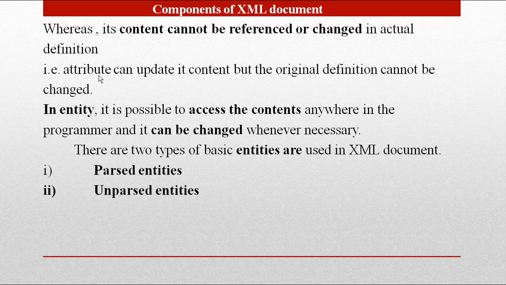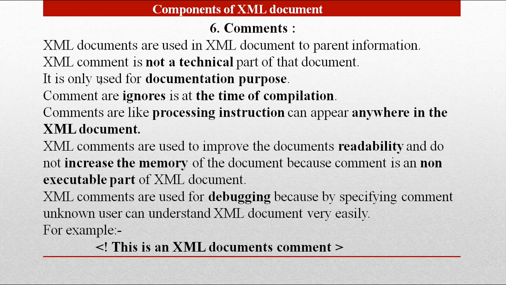In an entity, it is possible to access the contents anywhere in the program, and it can be changed whenever necessary. There are two types of basic entities used in an XML document: parsed entities and unparsed entities.